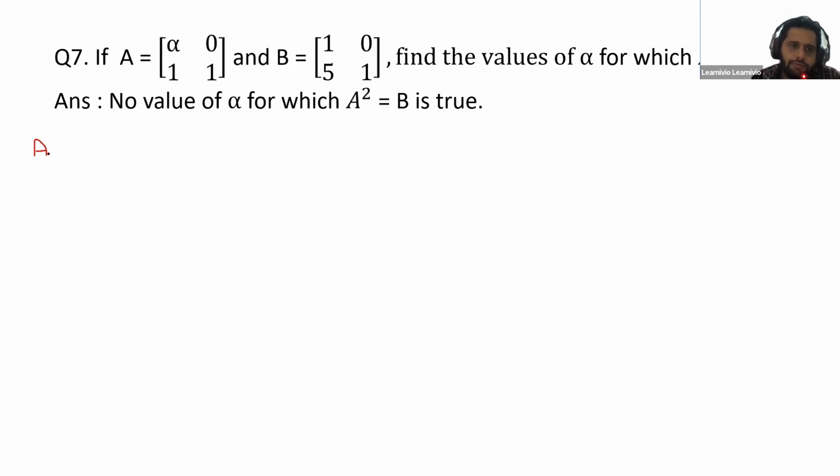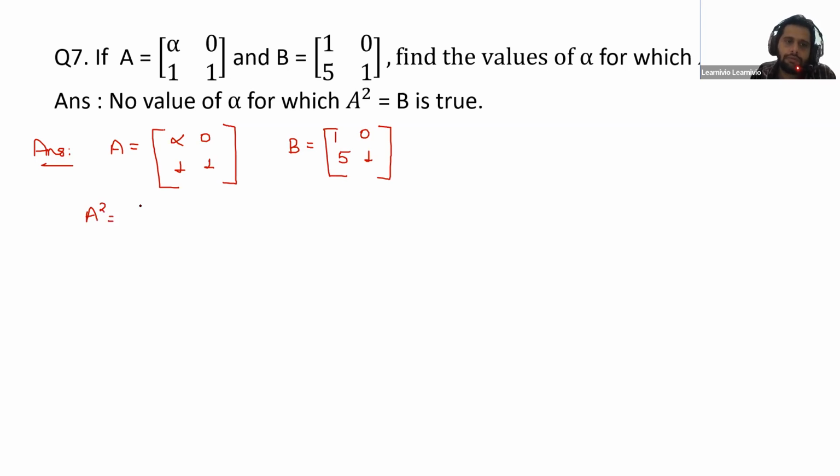I will solve this question. So we have A is equal to alpha 0, 1, and 1, and we have B which is 1 0 5 1. We need to find A square. So A square means this alpha 0, 1, 1 times alpha 0, 1, 1.